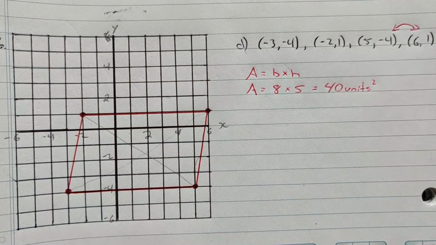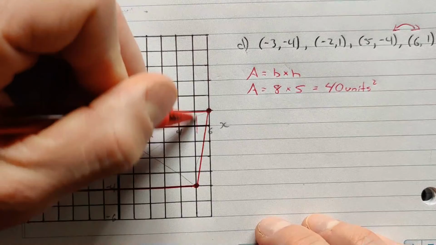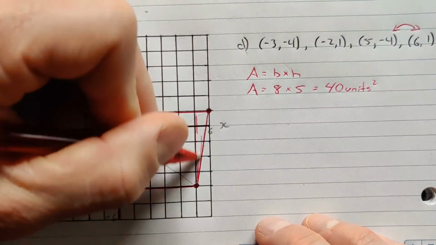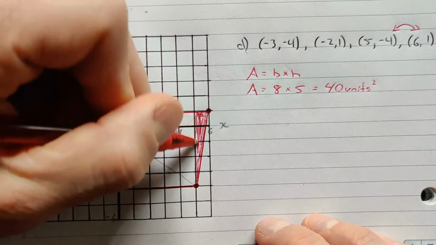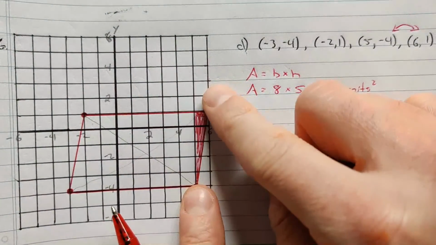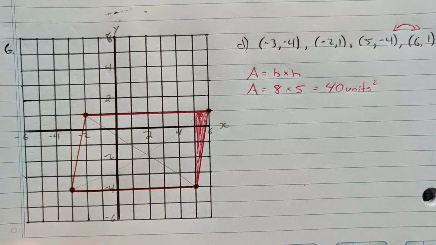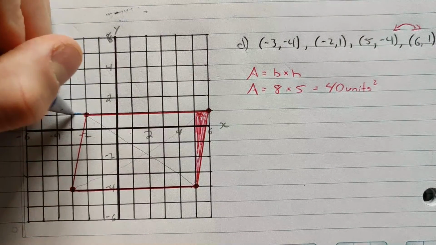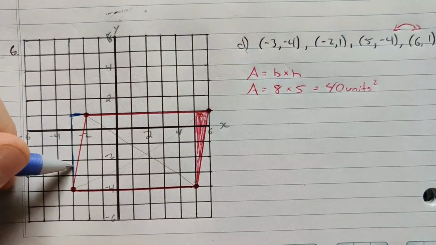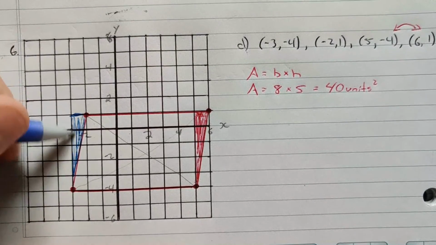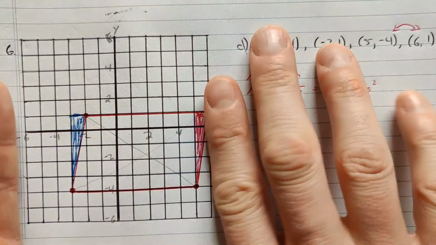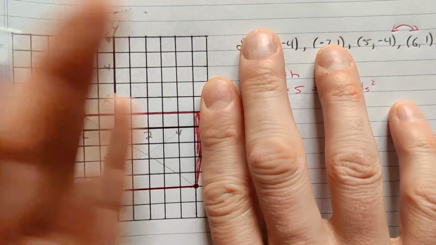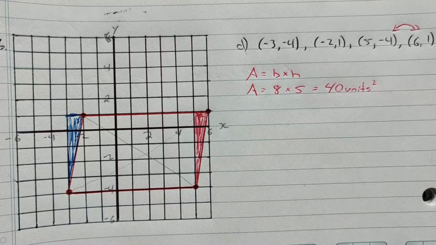But you might be able to see that this portion right here that I've highlighted, if you were to cut that off, you could set it over here where I'm putting some blue. You could set it where the blue is, and that would make that into a rectangle instead, and you could again count. There should be 40 squares in there.